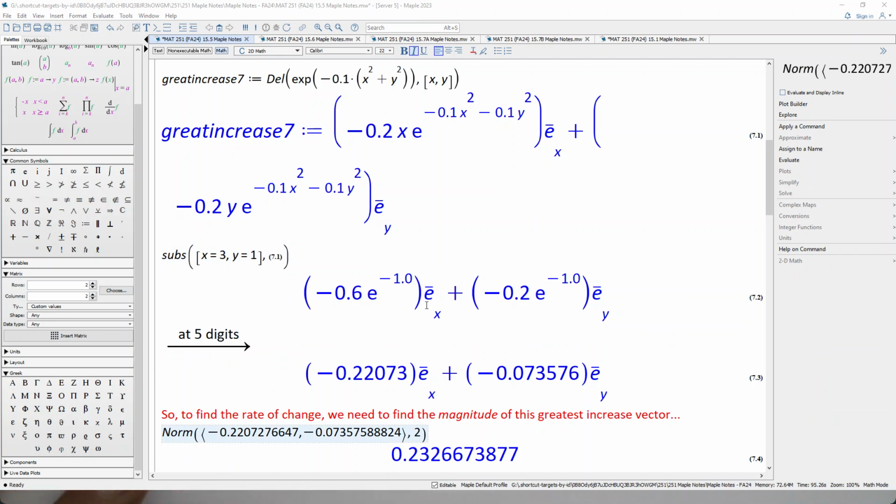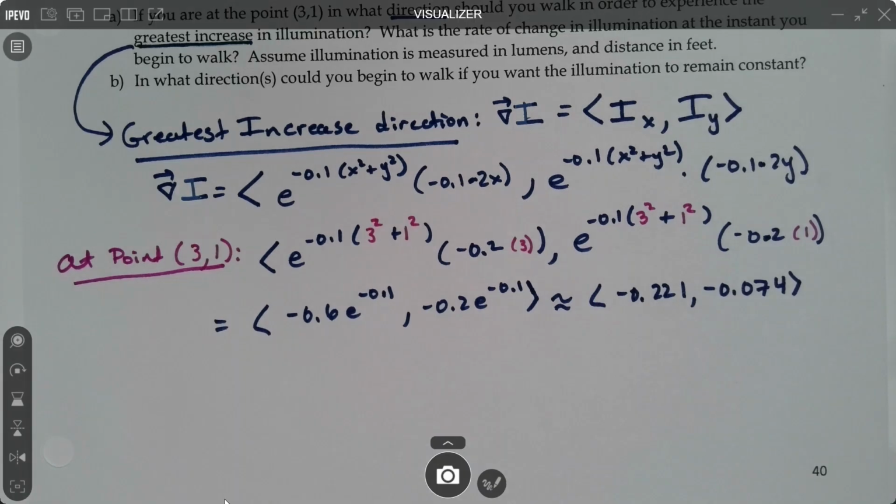I'm going to write it, but it's not the best, so I'm going to change it to decimals. So it's negative 0.6 e to the negative 0.1 comma negative 0.2 e to the negative 0.1, which is much better to be written as negative 0.221 comma negative 0.074.